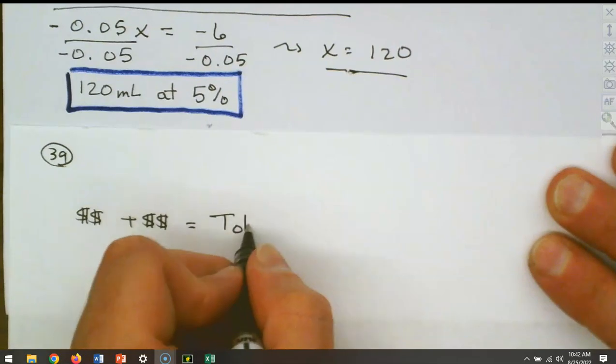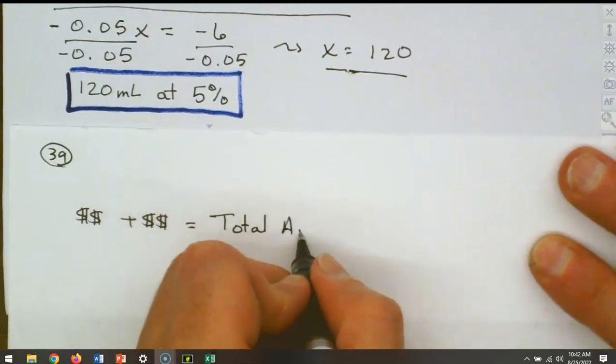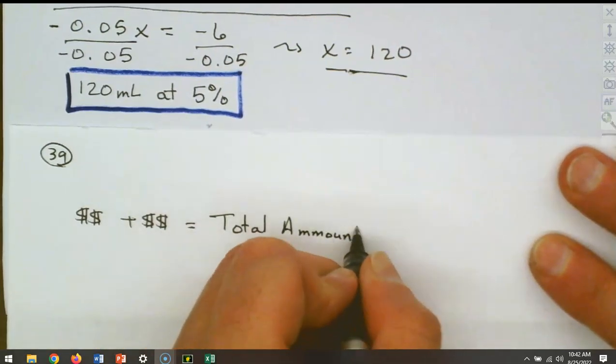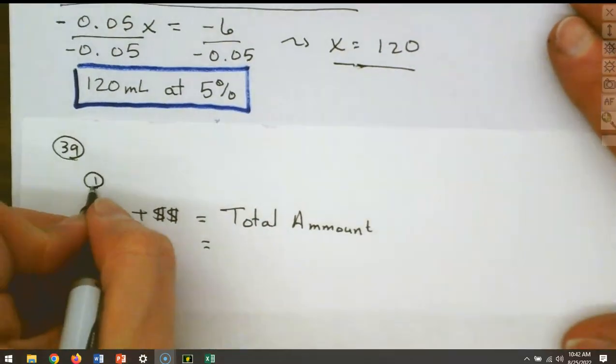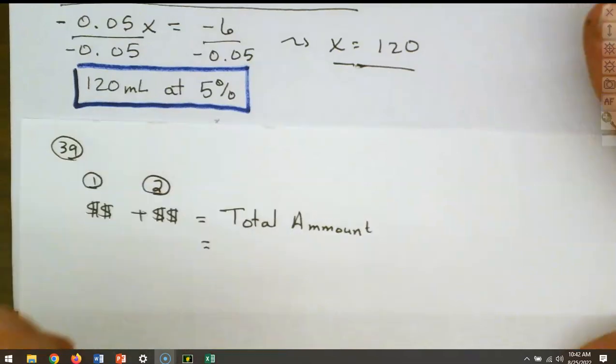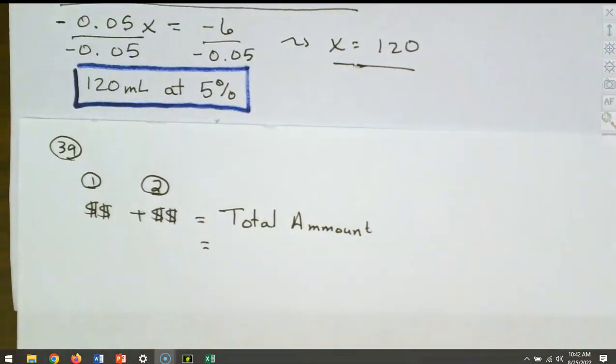This is going to be our total amount over here. And again, 1 and 2. Now we need to figure out what we're actually working with. So she inherited $200,000. And she gave 30% to the charity.